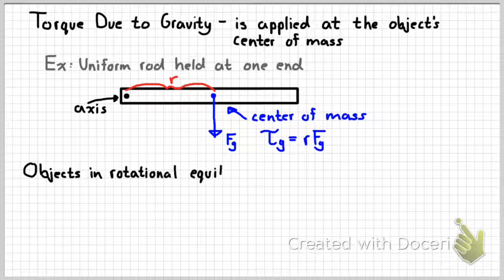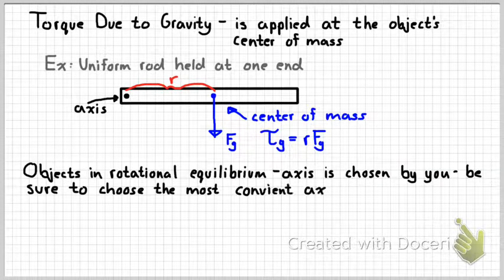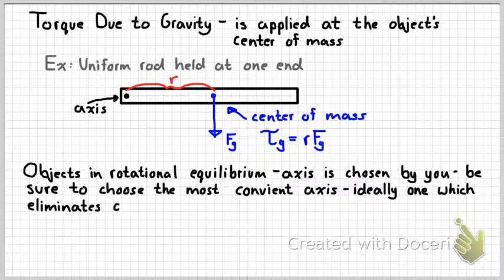If an object is in rotational equilibrium, we can choose any axis that we wish to calculate our net torque. We're going to see lots of examples where choosing one particular point to be the axis of rotation is going to be more advantageous and easier to solve for than choosing another one.